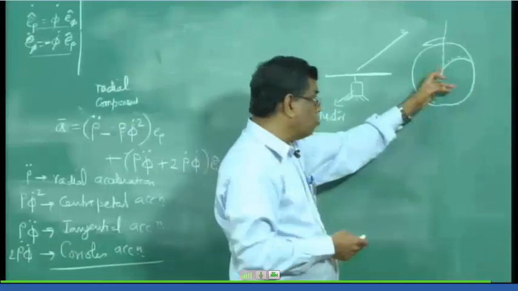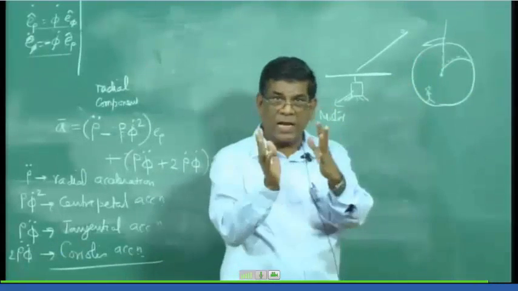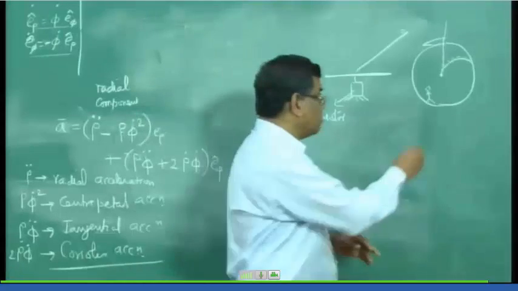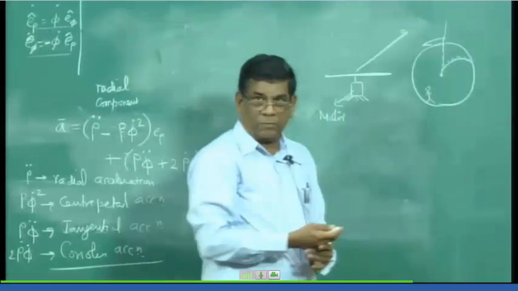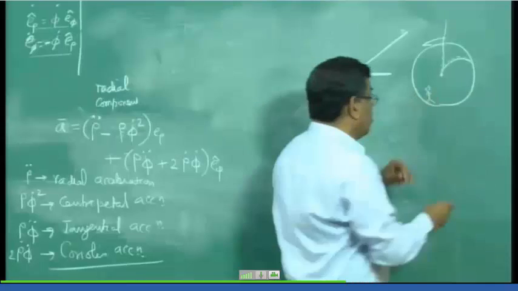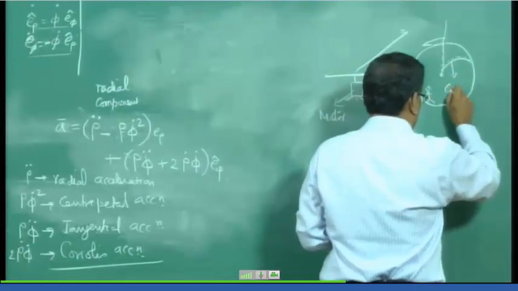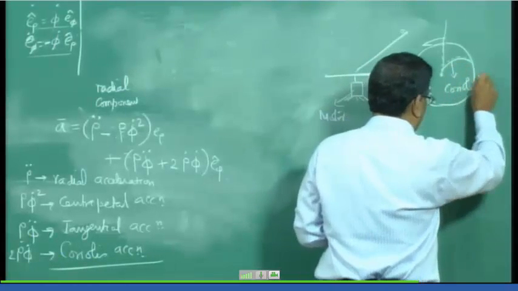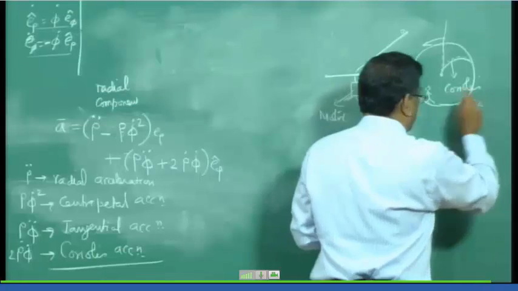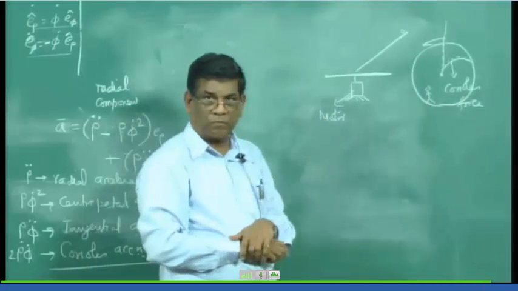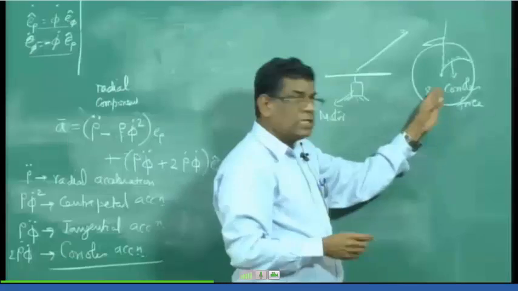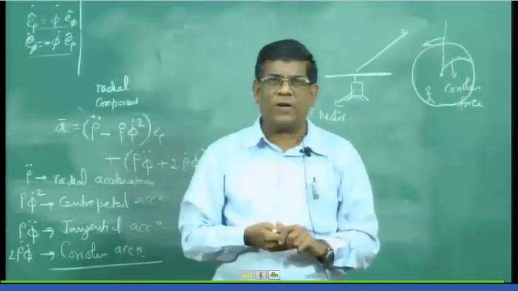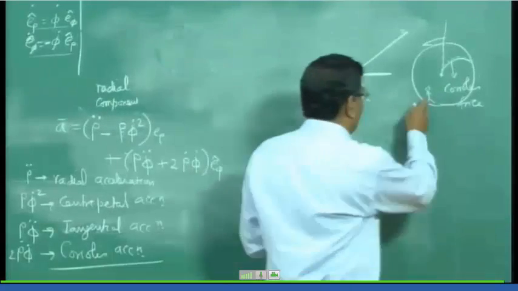So what will he do? He will say, hey, there is an additional force which is responsible for taking it in this direction. And this force we call the Coriolis force, after the person who found it. This is a very important force for all of us. This is a non-inertial frame.